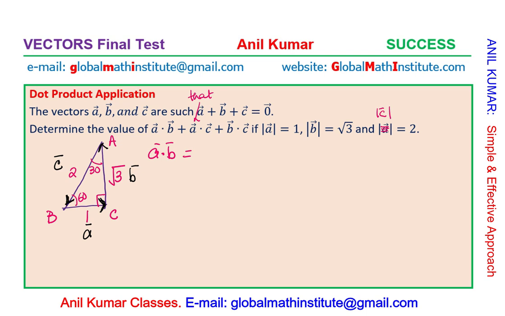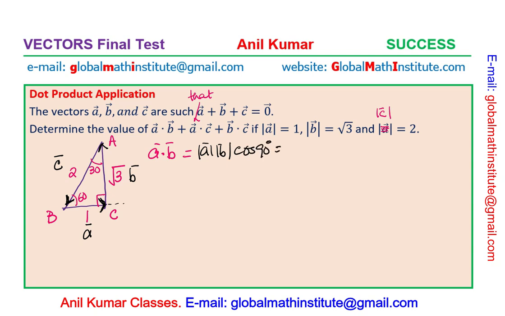Now, A dot B definitely has 90 degrees. So A dot B is equal to magnitude of A times magnitude of B times cos of 90 degrees, and it is 0. So we got the first term.